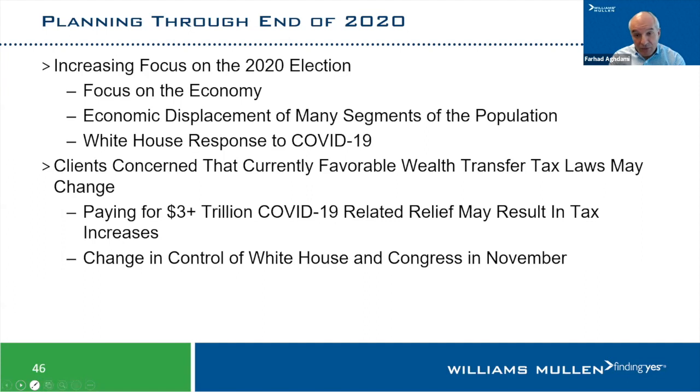A large portion of the population has been displaced, and a lot of people are frustrated with the response to the pandemic. People are frustrated on both sides, whether people are wearing or not wearing masks. But I think a lot of our clients are frankly just stepping back and saying, look, the federal government has injected $3+ trillion into the economy, and at some point taxes may go up because we have to pay for this. And they're also concerned about what may happen.